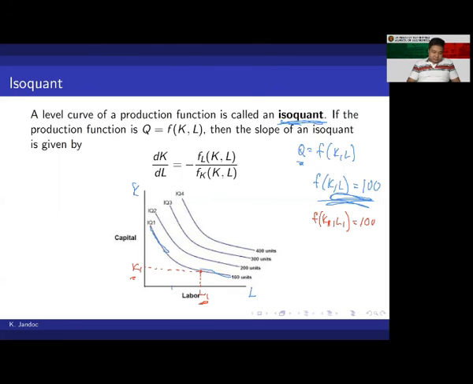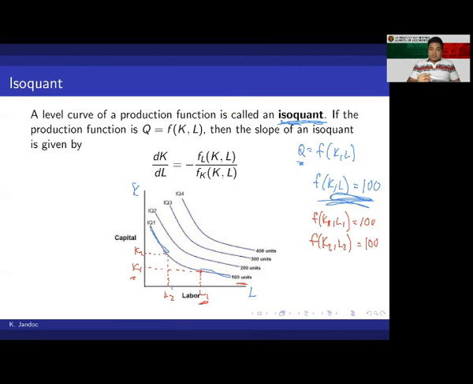For example, we have another combination, L2 and K2. If you put in K2 and L2, it will still produce 100 units. So the isoquants are combinations of K and L that will produce a particular level of output, in this case 100 units.